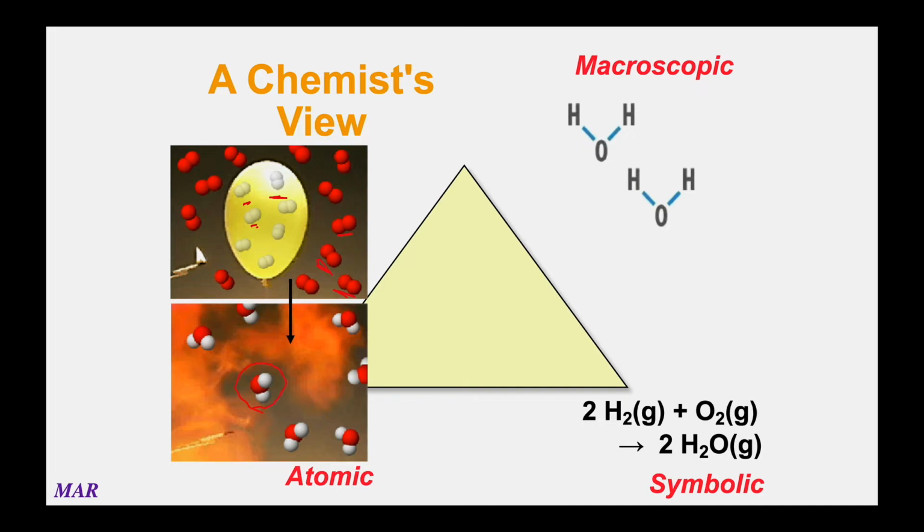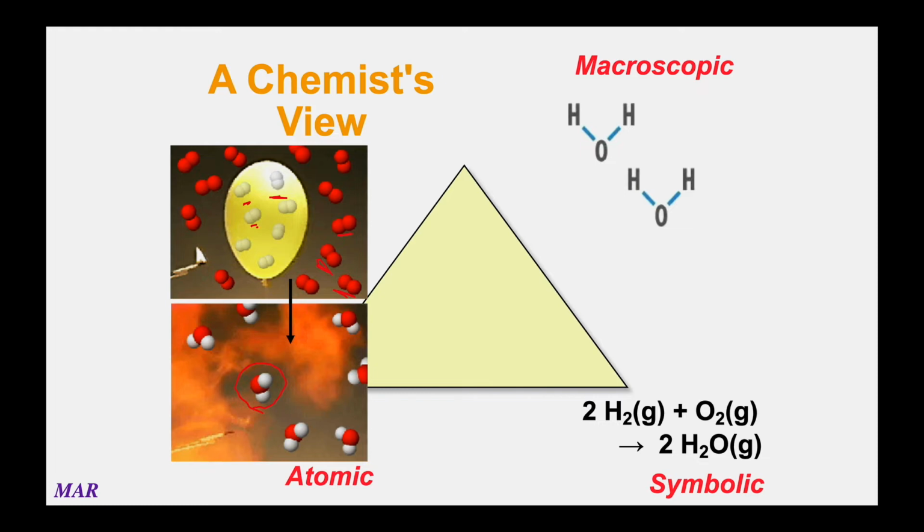You can see that water, H2O, would have two white hydrogens and one red oxygen. We'll talk more about this formation pretty soon. But on the atomic level, that's what's happening. The H2 in the balloon reacts with the O2 on the outside of the balloon to make water at the end, the H2O molecules that you see.